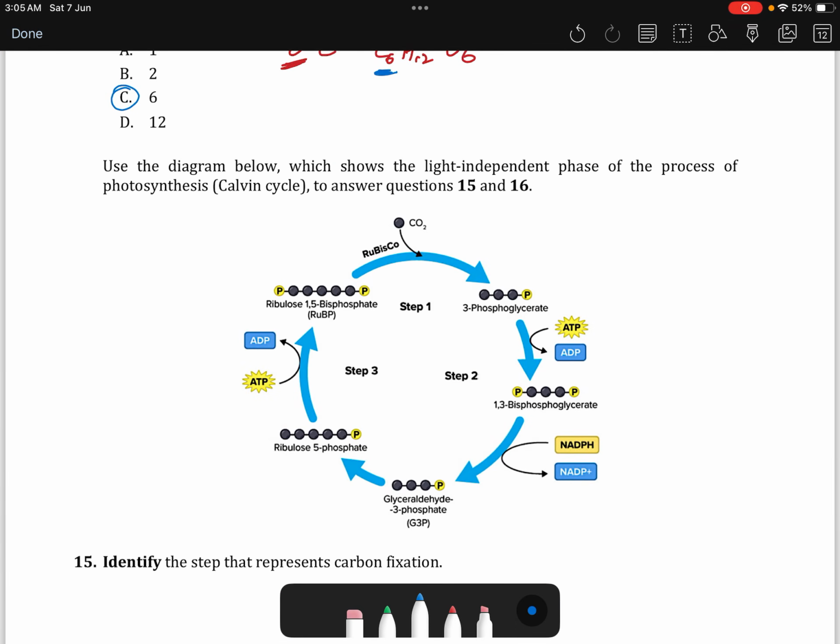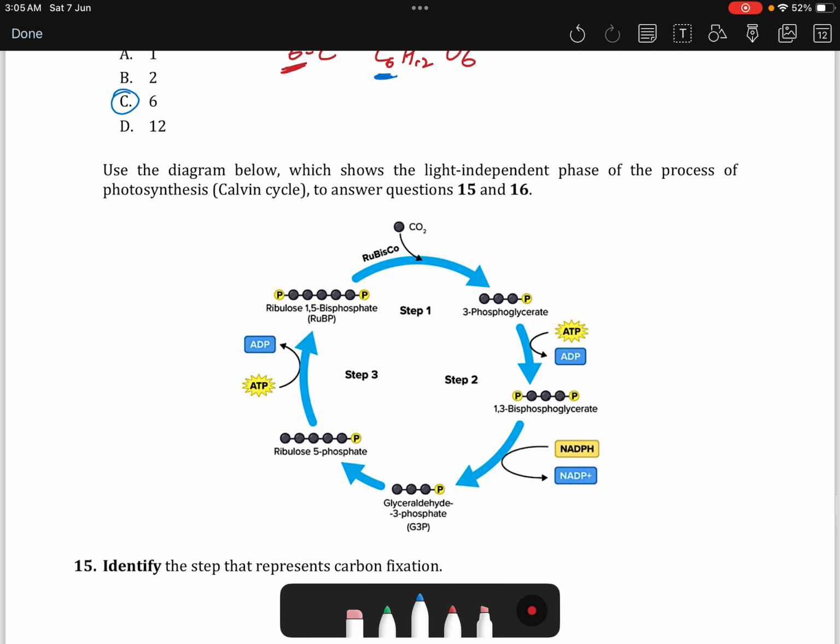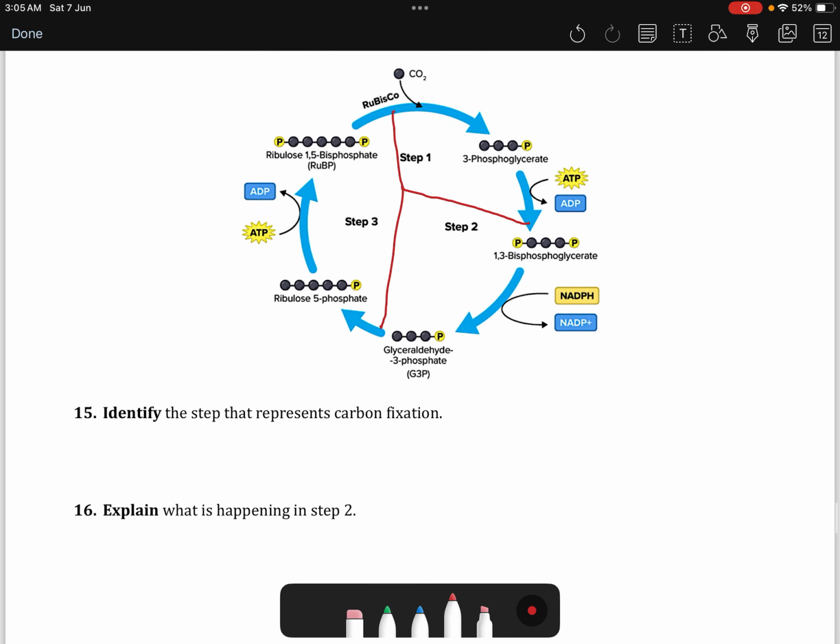The diagram shows you step 1, which is basically from here till here. Step 2 is till here, and the remaining is step 3. Okay, identify the step that represents carbon fixation.